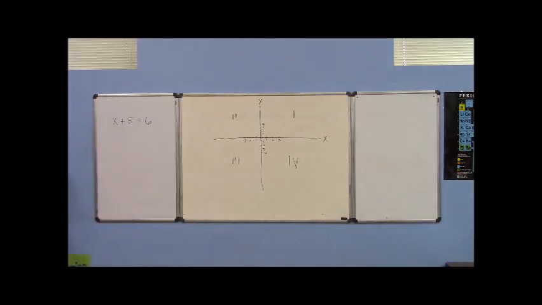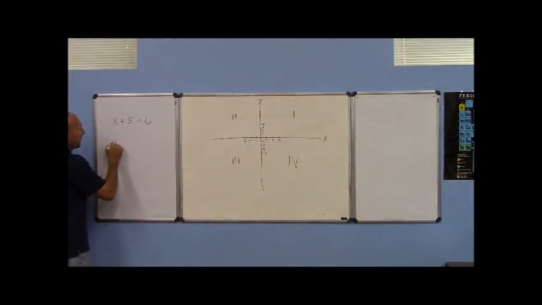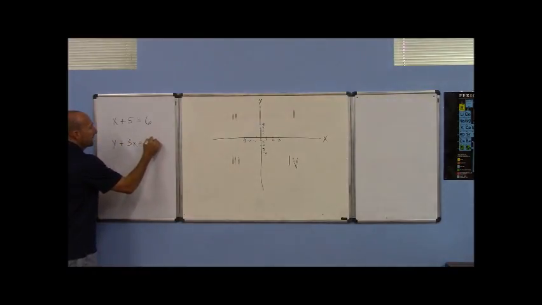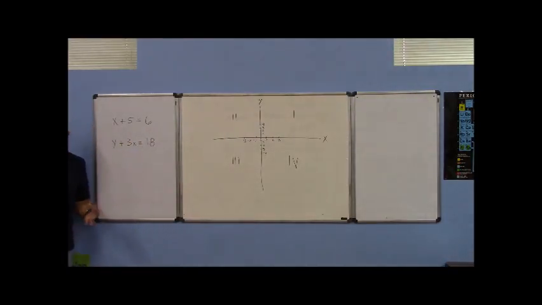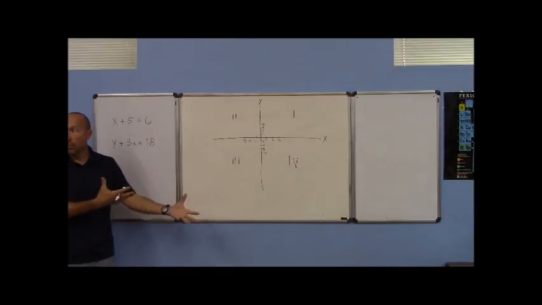We are now going to incorporate another letter with that, and it will be y + 3x = 18, something like that. Okay? So then whenever we end up solving for this equation, we are going to be able to solve for y, figure out what y is, but then also solve for x, figure out what x is, and once we know our x and we know our y, we're able to plot our points.